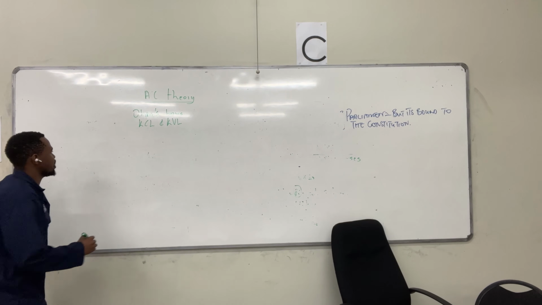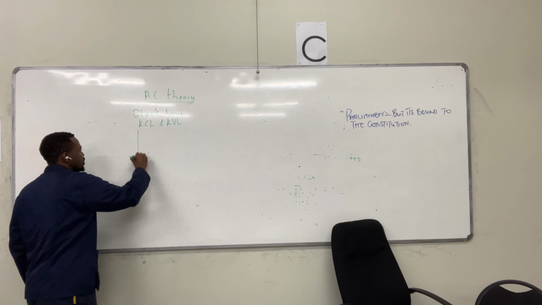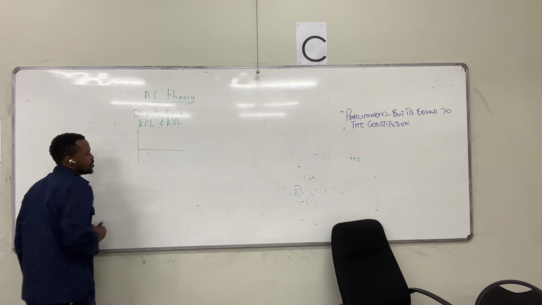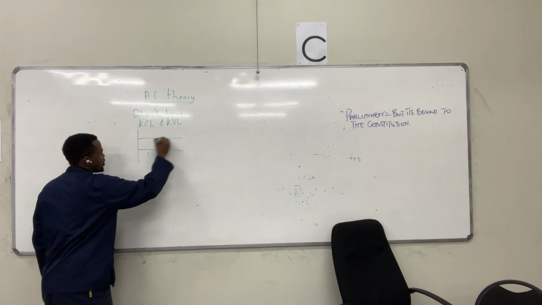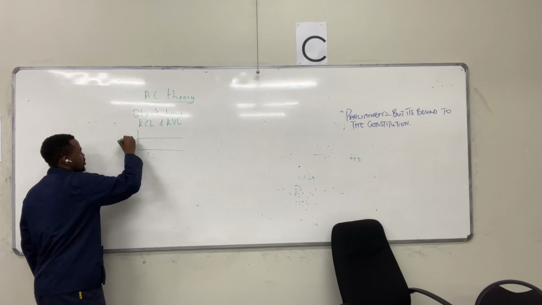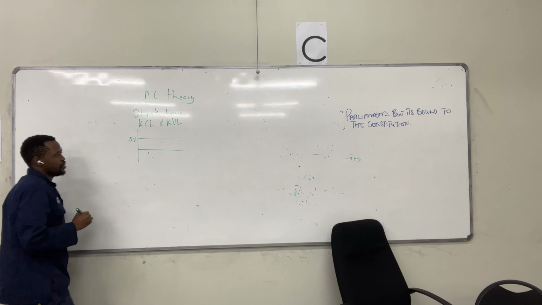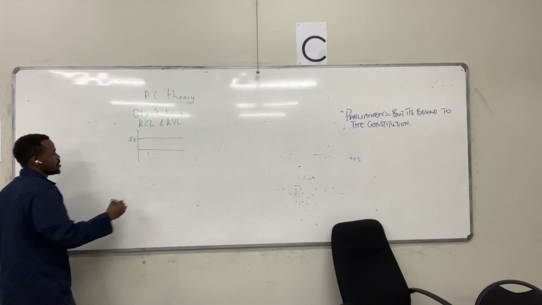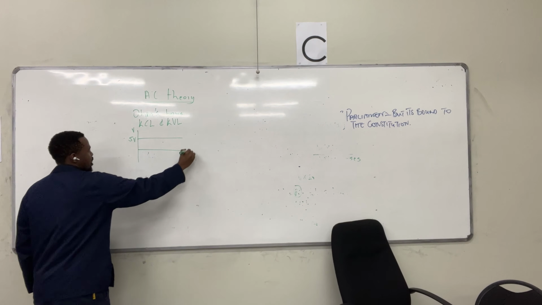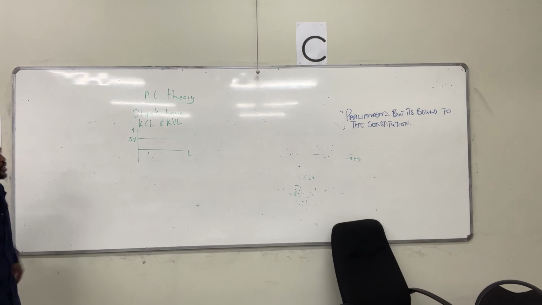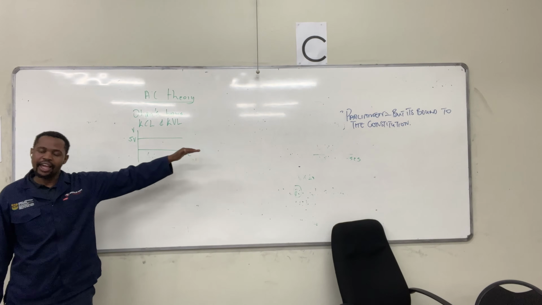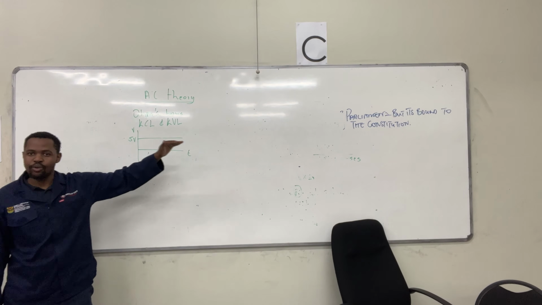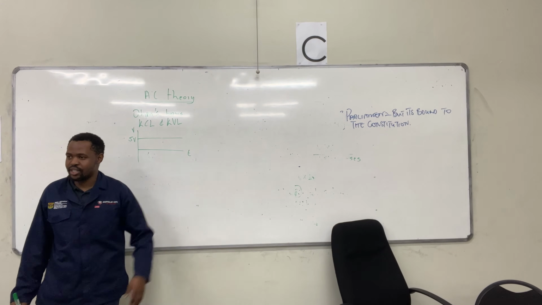Meaning, if I were to draw our DC source, there is voltage versus time. You see that the voltage is constant.